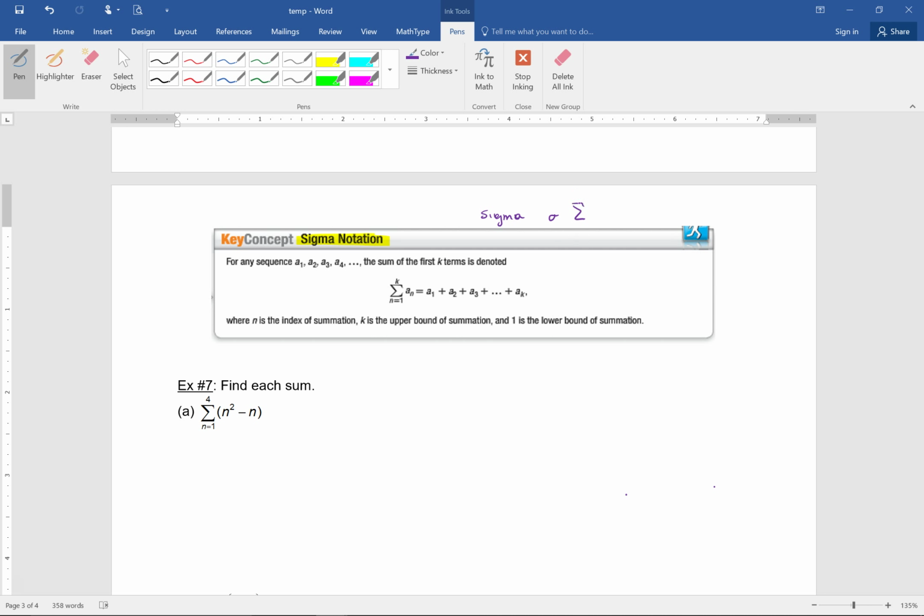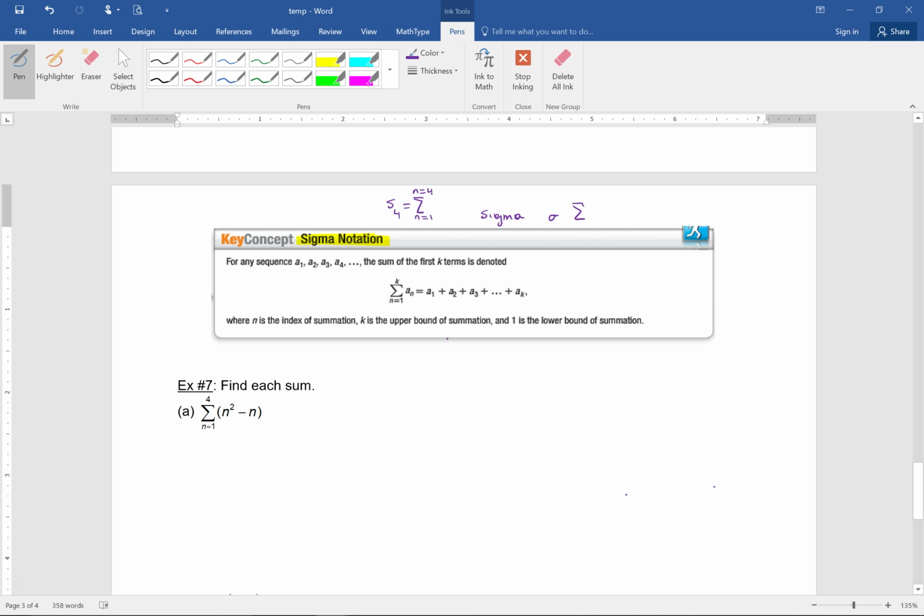So now this is the summation symbol. Rather than saying you want S4, you can say I want the sum of all the terms starting with n equals 1 to n equals 4. And that's like S4.